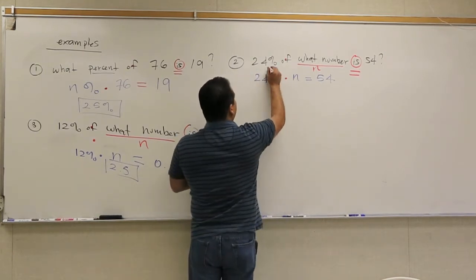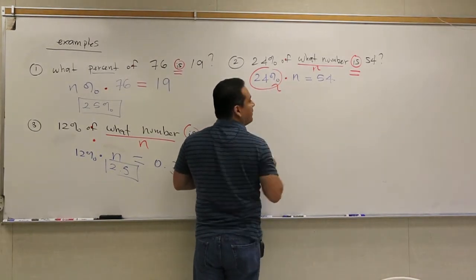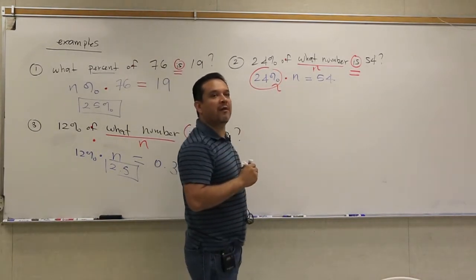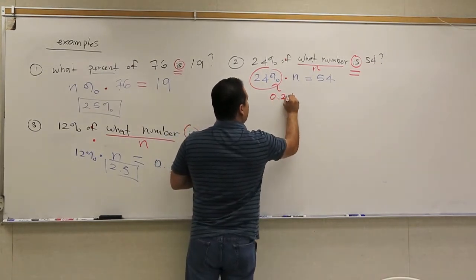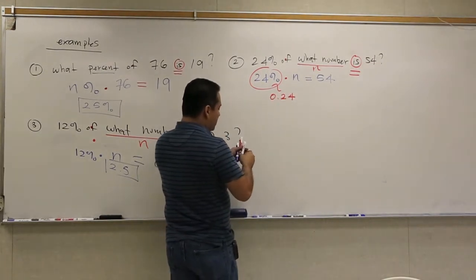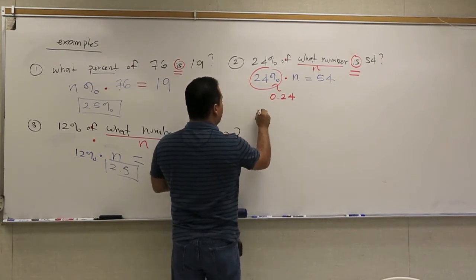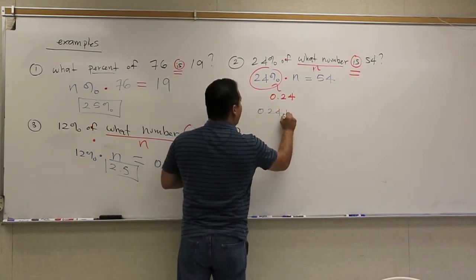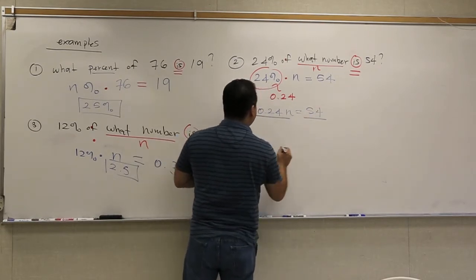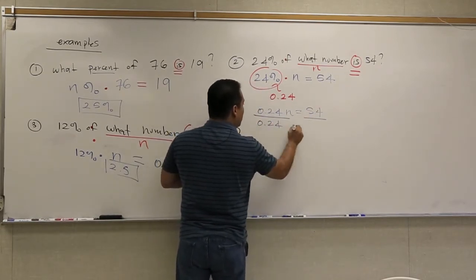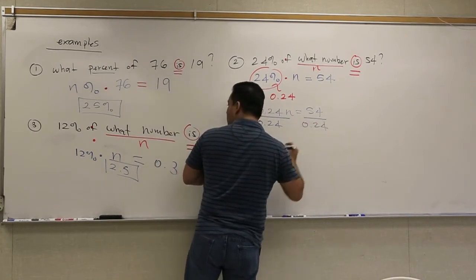Here we go. 24%. How do you write 24%? Isn't that 24 over 100, or 0.24? So ladies and gentlemen, we have 0.24n is 54. Divide both sides now by the 0.24. Oh, this is a pretty good one.